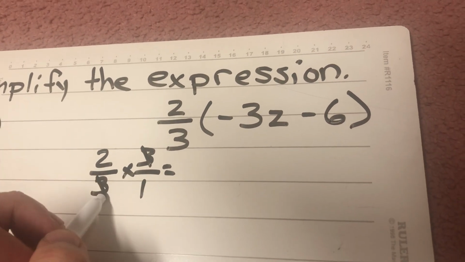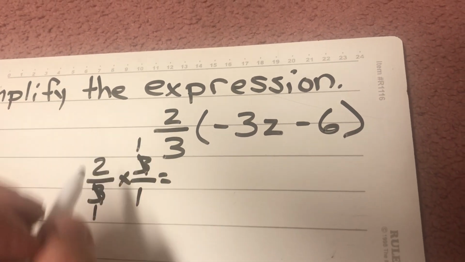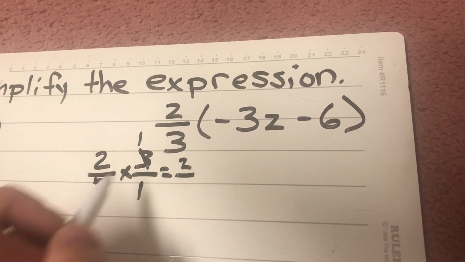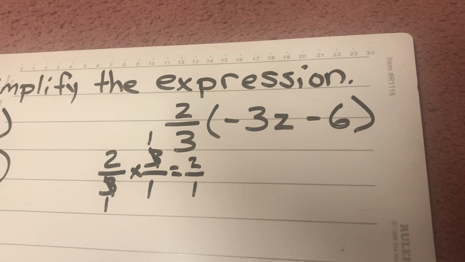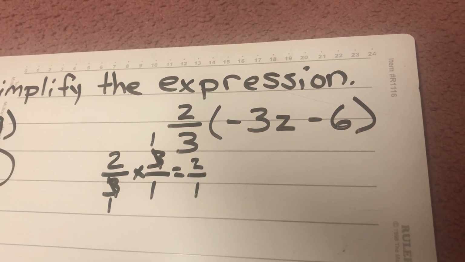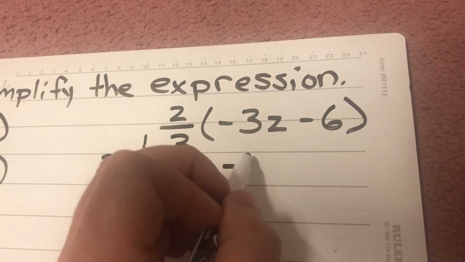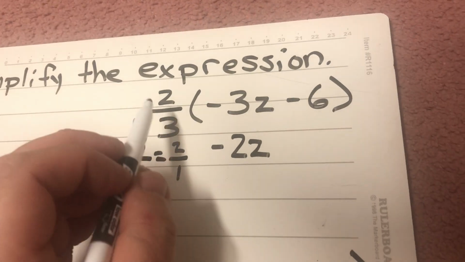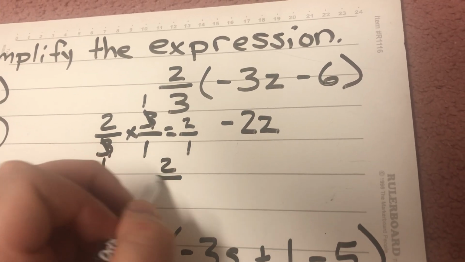Both of these are divisible by 3 in my cross-checking, so they would both just become a 1. 2 times 1 is 2. 1 times 1 is 1. I end up with 2 over 1, which is just 2. But this is a positive and this is a negative, so it's a negative 2z.